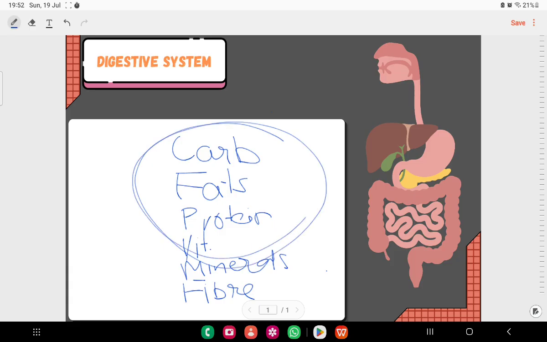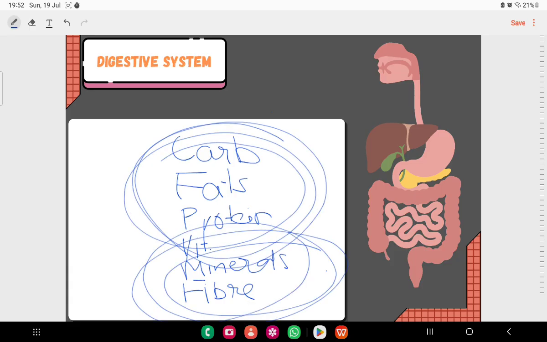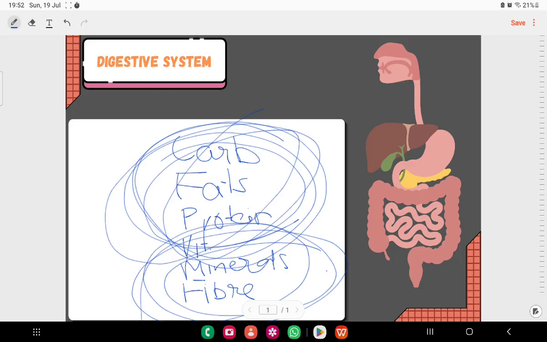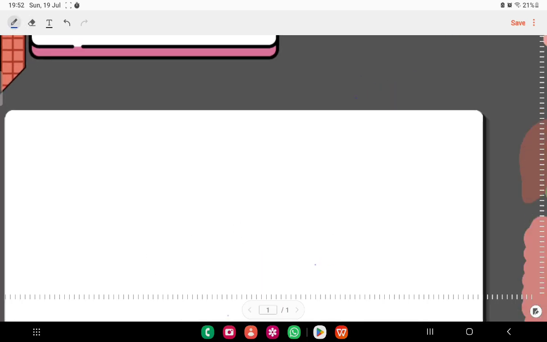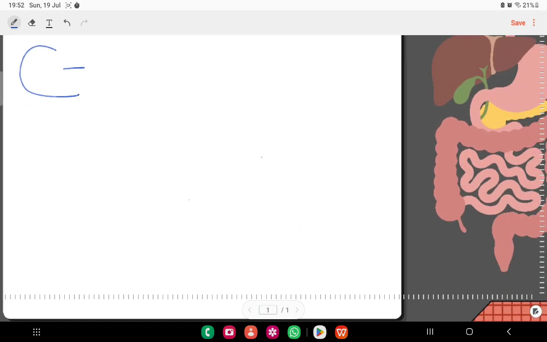So these three right here can easily be absorbed, but these three right here need to be broken down in order to be absorbed. Why? Because they are large molecules, and they are complex forms of their simple forms. So till now, these carbohydrates, fats, and proteins are broken down into their simpler forms.